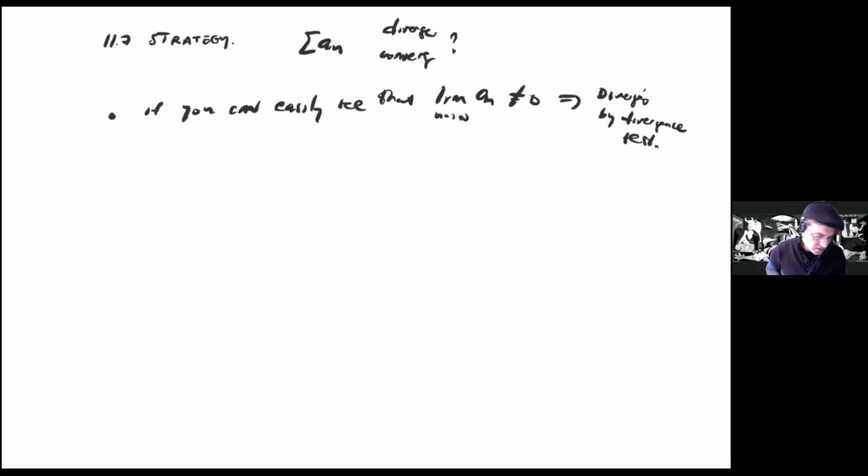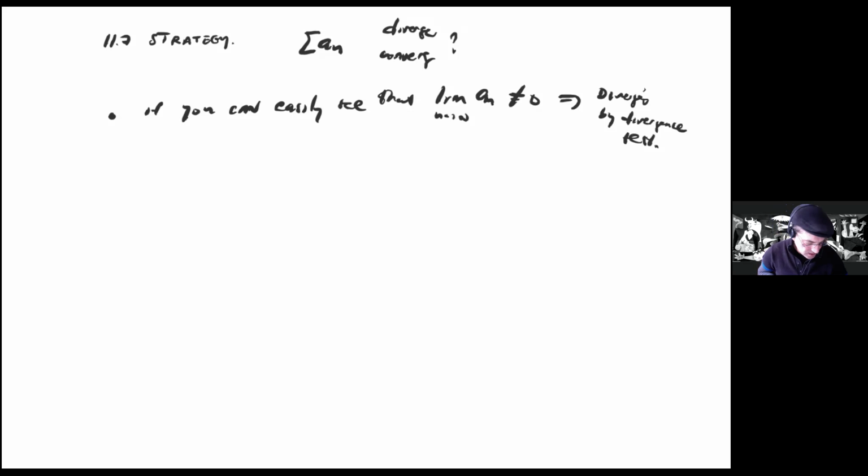So I often look at that as a first check. But most series will have the property that the limit of the terms a sub n is 0, in which case the divergence test fails to apply. It's inconclusive. So you're going to have to use one of the other tests.